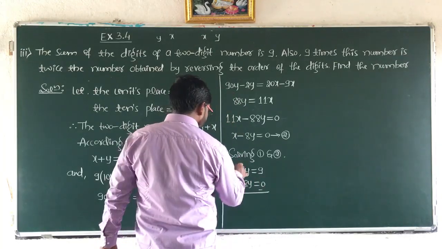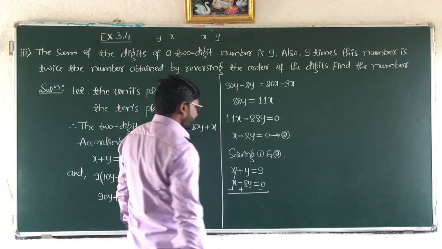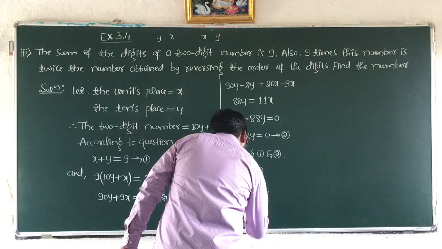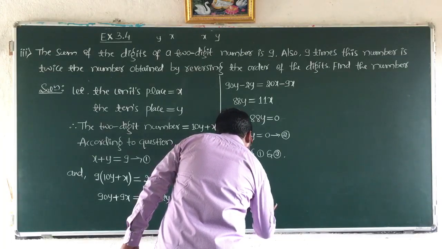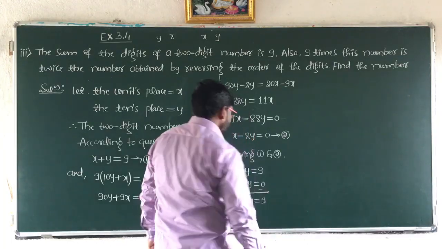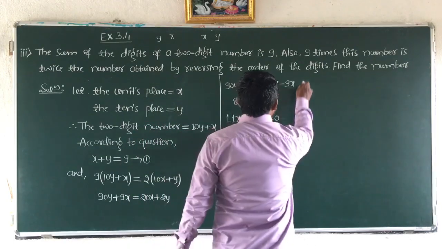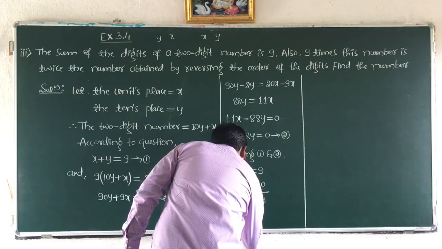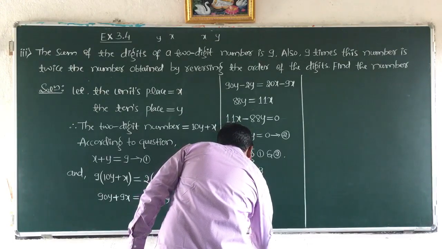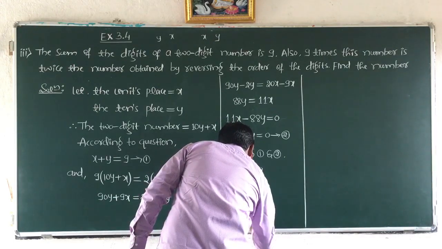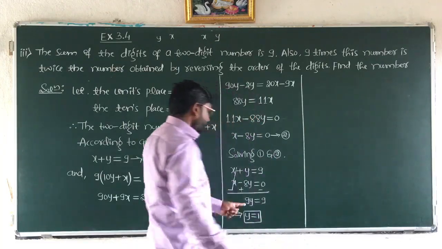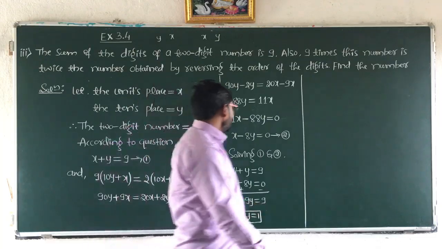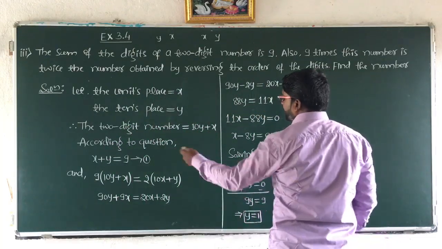So now x minus x gets cancelled, then y plus 8y will be 9y, which is equal to 9, this implies y is equal to 1. So here you take 9 to the RHS, it goes to the denominator, 9 by 9. So it is 1.